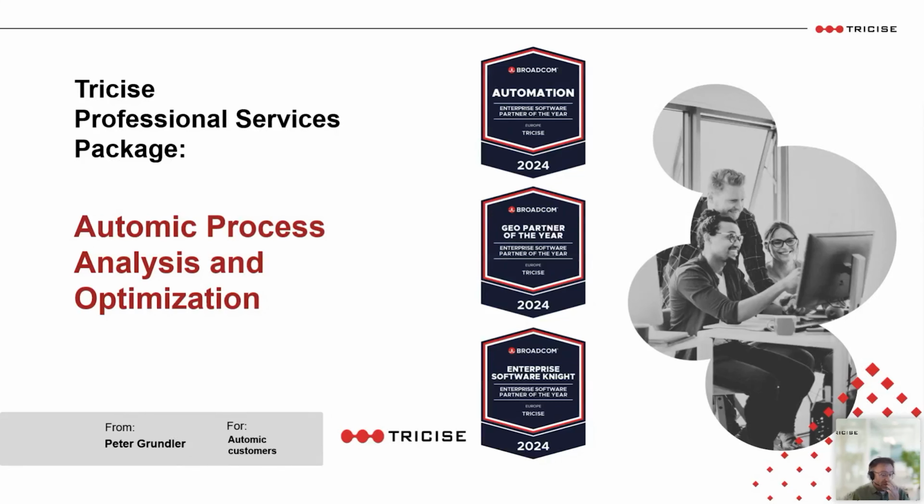Before we start with the product, let me introduce myself. My name is Peter Grundl. I'm part of the Tricise company, but not from the very beginning. I started with UC4, the previous name of Atomic, which you might have heard about.